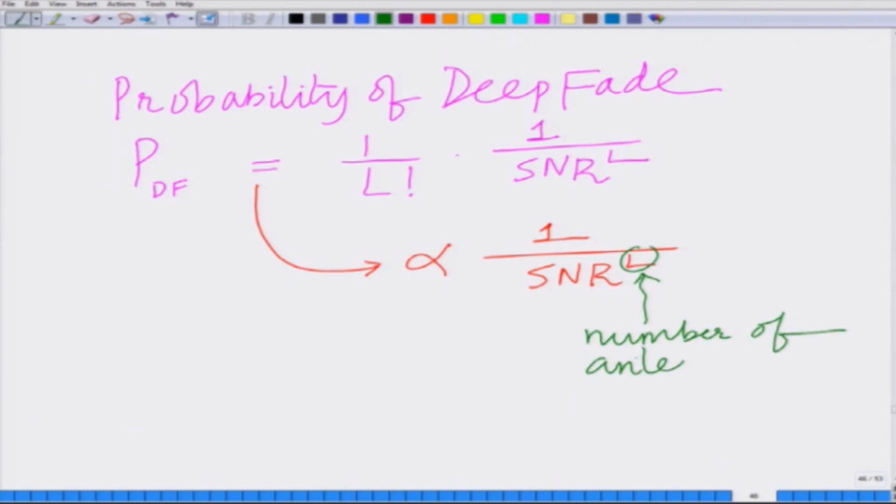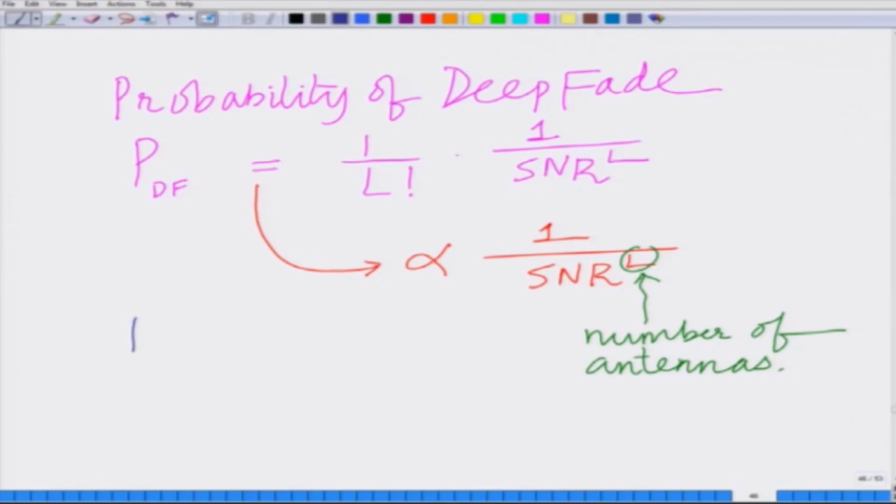Naturally, the probability of deep fade, which was earlier 1 over SNR for a system with a single receive antenna, with L receive antennas has become much smaller, it has become 1 over SNR raised to the power of L.